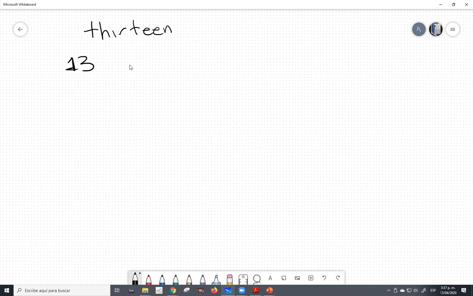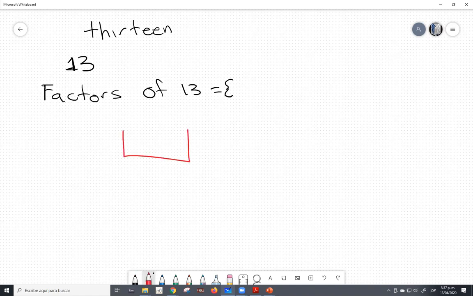Okay, so we are going to find the factors of 13. I am going to write it in the form of a set. For the people that don't remember, the word factors come from this. Imagine, for example, 5 times 3 equals 15, right, Sarah?